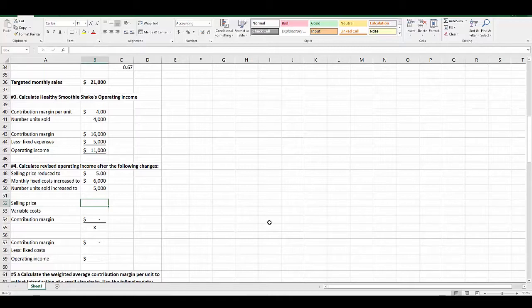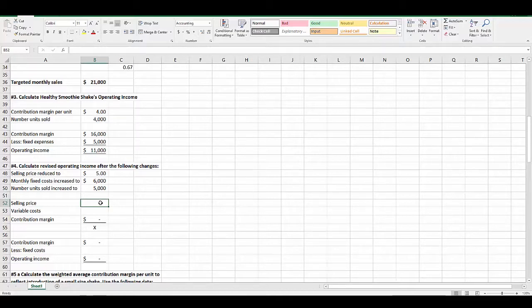Here we're told we're going to reduce our selling price from $6 to $5. Our fixed costs are going to increase to $6,000. And then we also expect an increase in the number of units sold to 5,000 units. We'll go through the calculation to see what impact this will have on our bottom line, on our operating income.